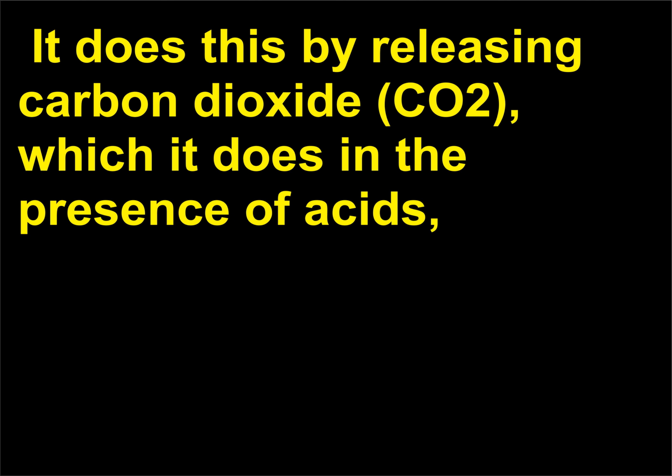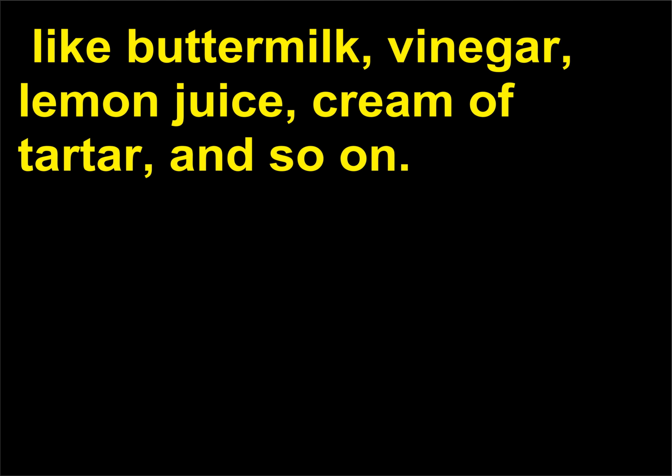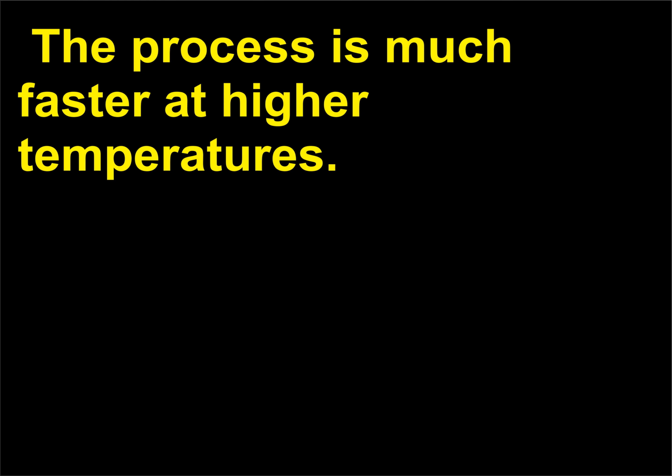It does this by releasing carbon dioxide, CO2, which it does in the presence of acids, like buttermilk, vinegar, lemon juice, cream of tartar, and so on. The process is much faster at higher temperatures.